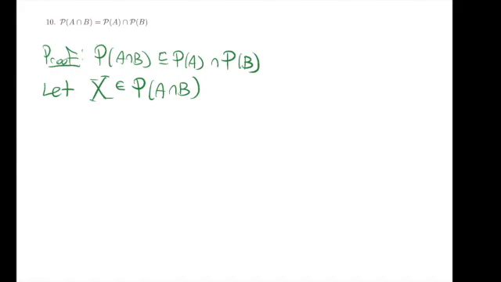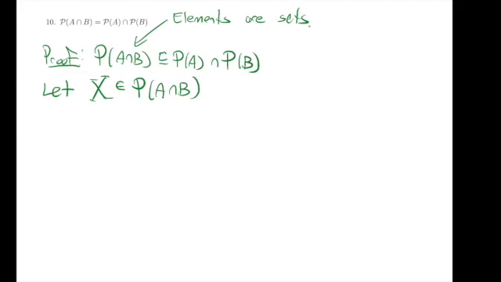Since we're dealing with power sets, the elements in the power set are sets themselves. So what we're hoping to show is that any subset of A intersect B should be a subset of A and should be a subset of B.